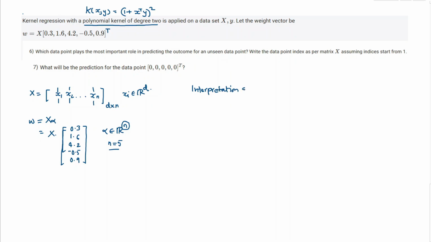Interpretation of alpha. So alpha is a vector, so let me say alpha i corresponds to the ith data point.